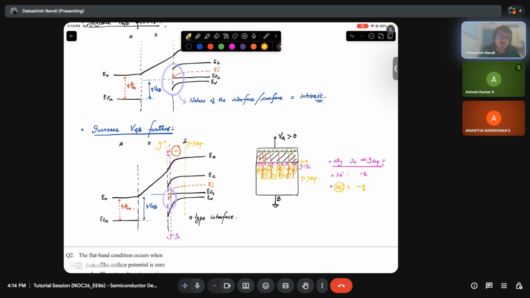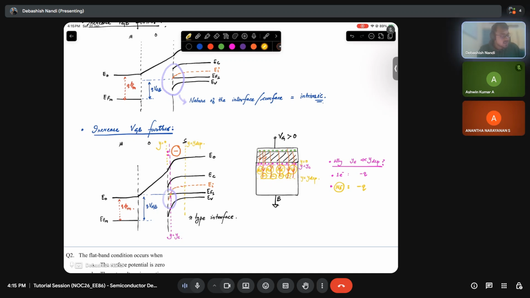No, it is giving me one electron, right? You got it, right? Because the purpose of me showing the bond representation yesterday was to make sure that you understand that one boron minus ion is giving me one negative charge, one quanta of negative charge. Is that clear?